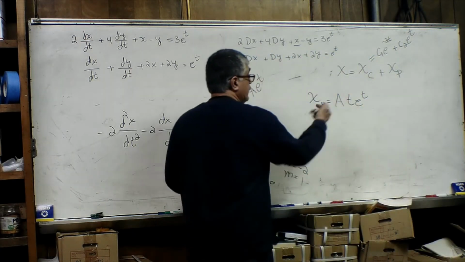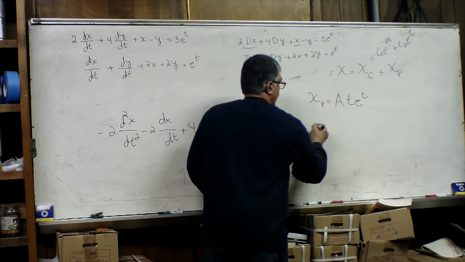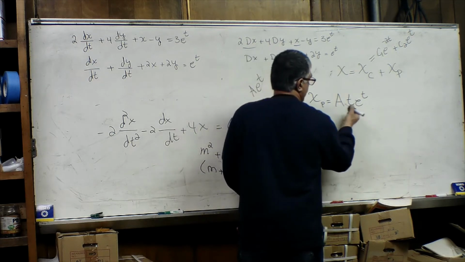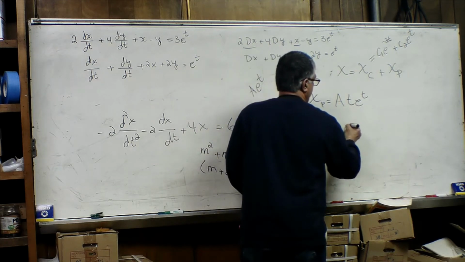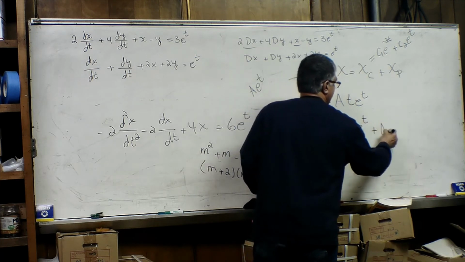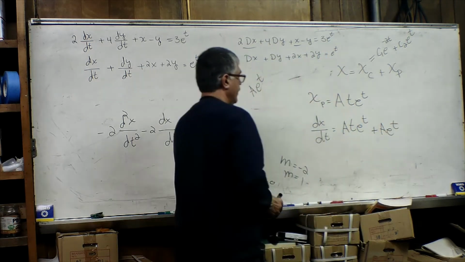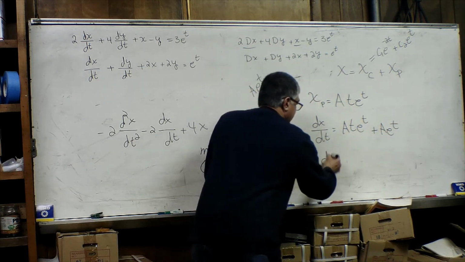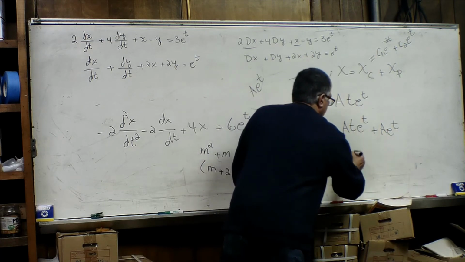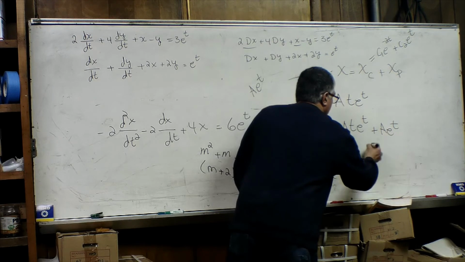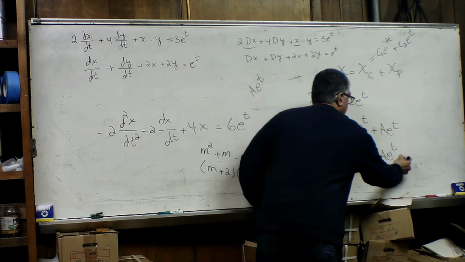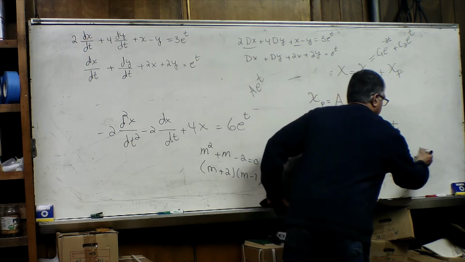Now, if this is our solution, then our dx over dt will be equal to a t e to power t plus a e to power t, and our second derivative will be equal to a t e to power t plus a e to power t plus a e to power t.